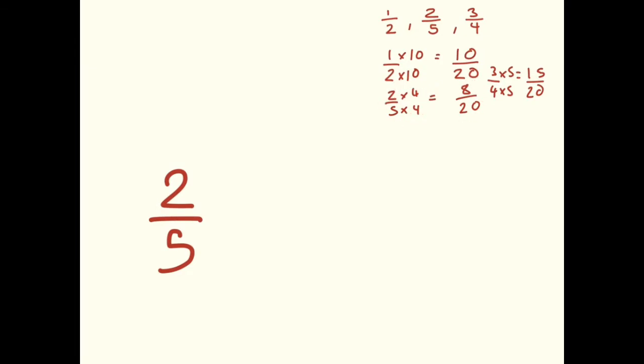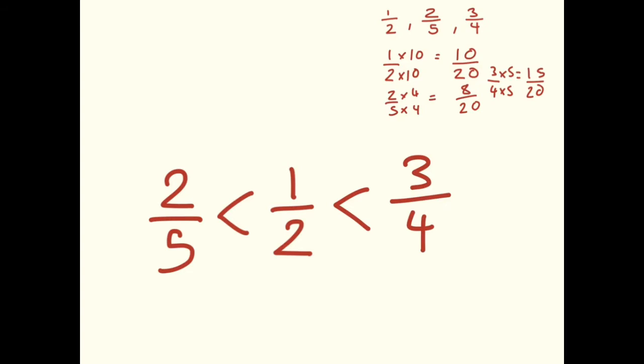The next one up is 10/20ths, which is equivalent to a half, so 2/5 is less than a half. The largest one is 15/20ths, which is equivalent to 3/4, so 1/2 is less than 3/4. And there you go, we have ordered fractions using our knowledge of multiples.